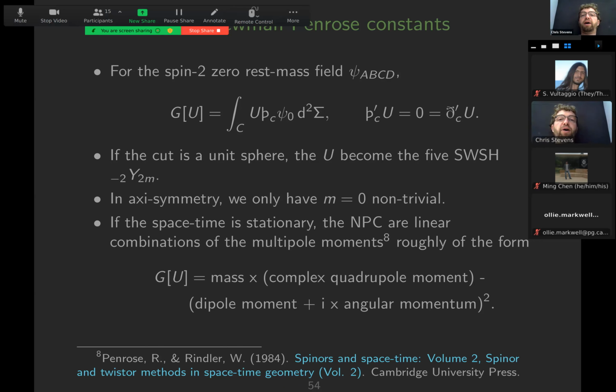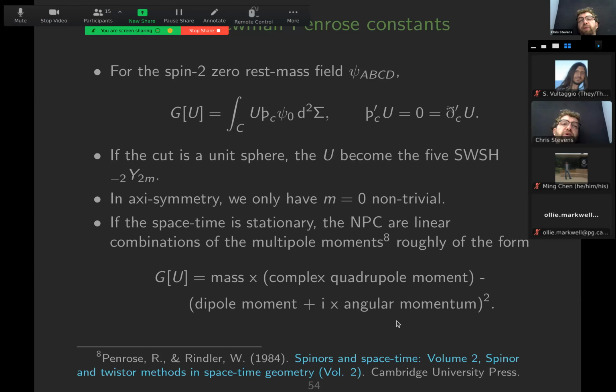Now, this is also conformally invariant, these are physical quantities. And if you're in a stationary space-time, then you can write it in terms of the multipole moments, because you can do these multipole expansions out to spatial infinity if your space-time is stationary. So it's related to, you know, quadrupole, dipole, angular momentum, and so on.